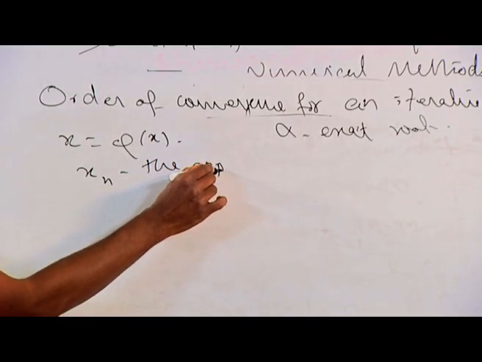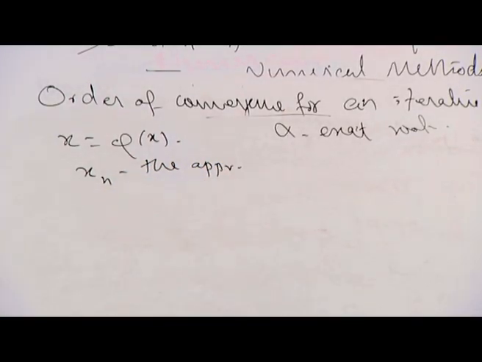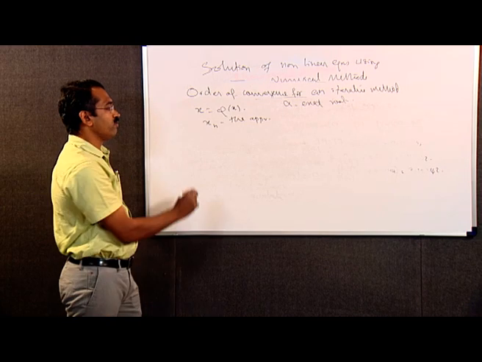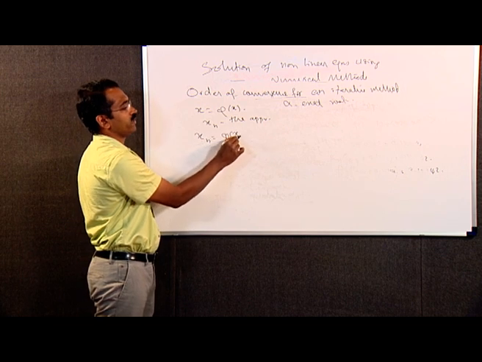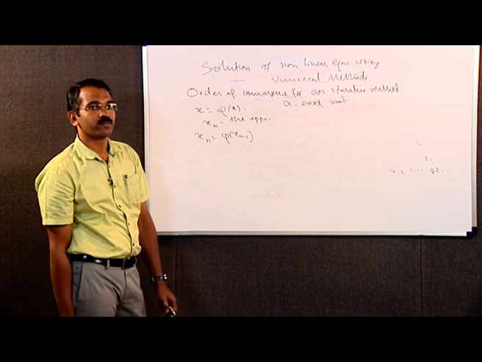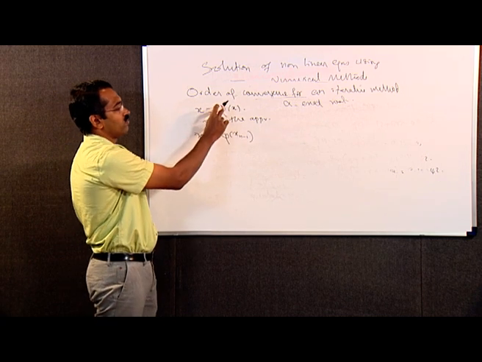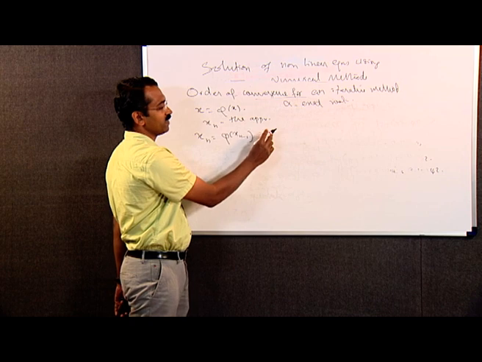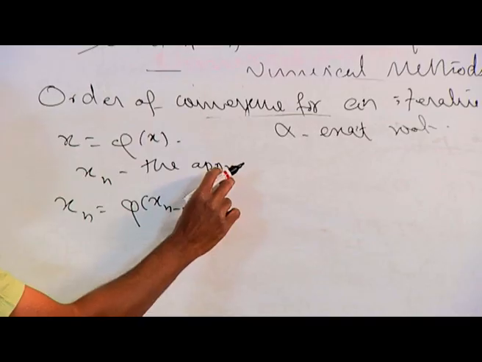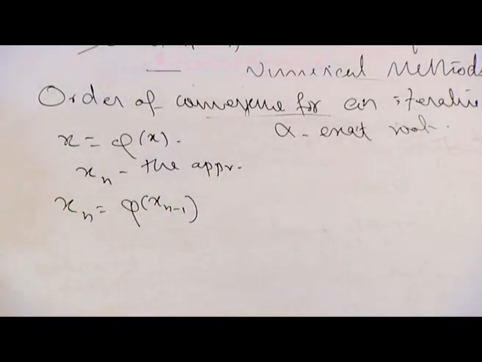Let x n be the approximate value of the exact root. Then we can write x n is equal to phi of x n minus 1 by the fixed point iteration method, where x n minus 1 is the approximate value of the exact root in the n minus 1th iteration.